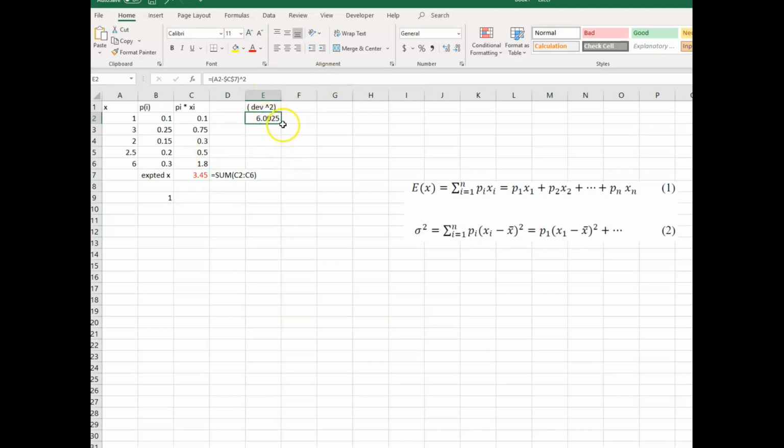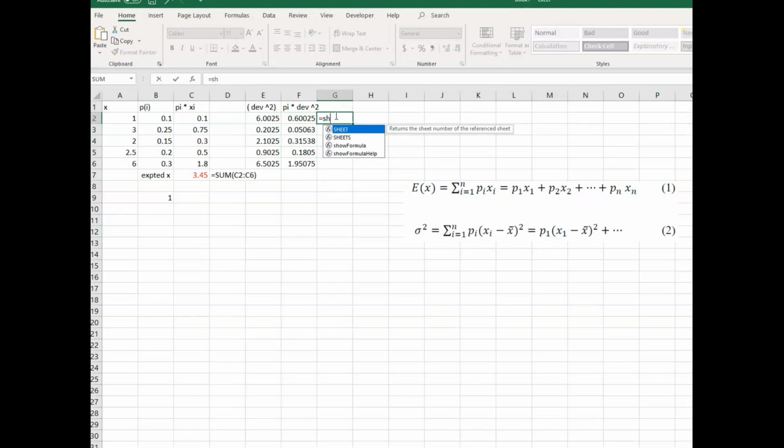Then we copy and paste. So this is Pi times the squared deviation.